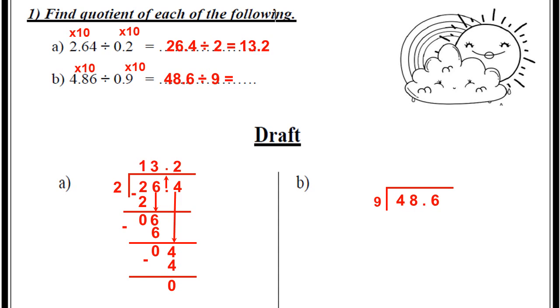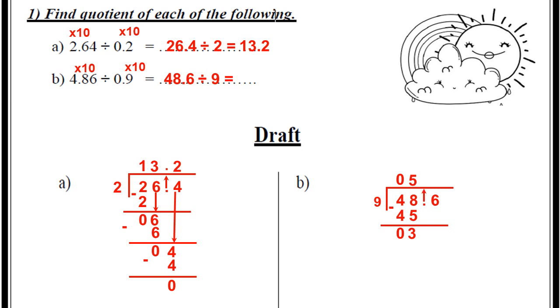Now, let's start. 4 divided by 9 is 0. Now, 48 divided by 9, yes, it can be. So we will write 5 up and 45 down. Now, 48 minus 45 equals 3. Super. 8 minus 5 is 3, and 4 minus 4 is 0. Now the turn for the decimal point.